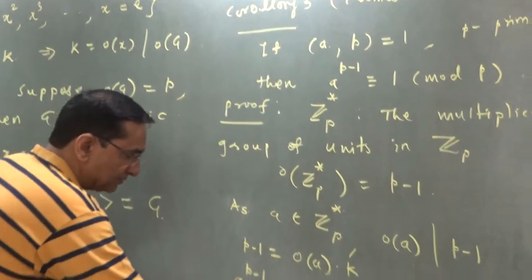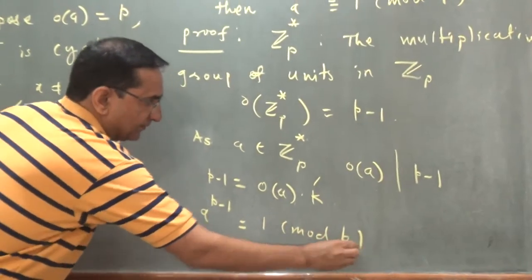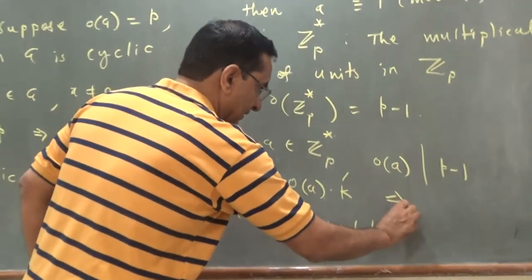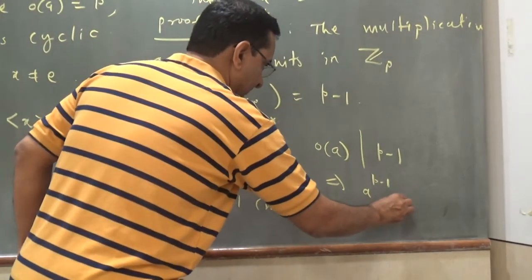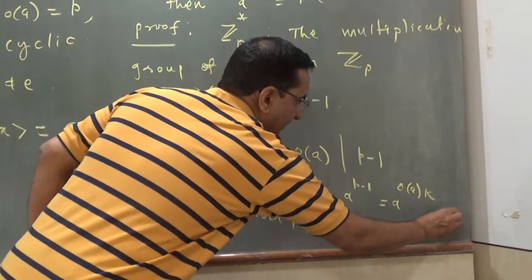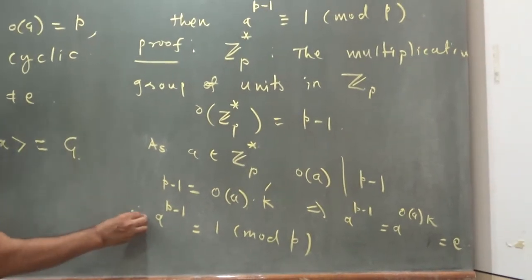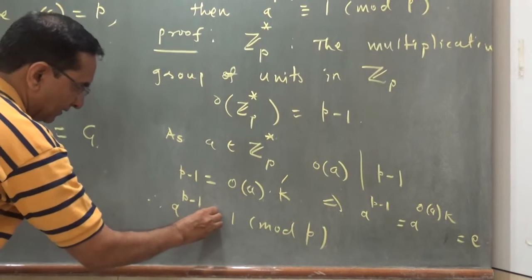That means it must be 1 mod P. Because A raised to P minus 1 is equal to A raised to order of A times K, which is identity in Zp star, it follows that A raised to P minus 1 is congruent to 1 mod P.